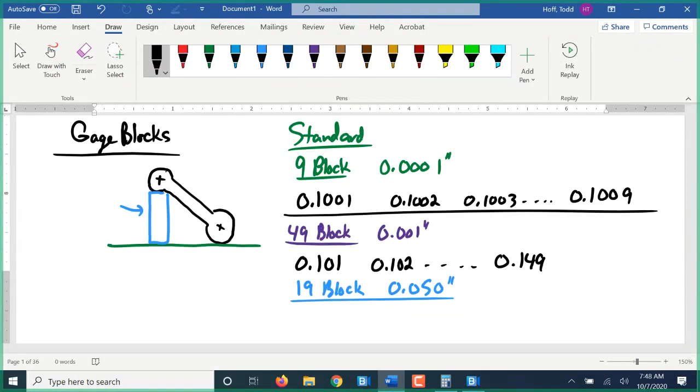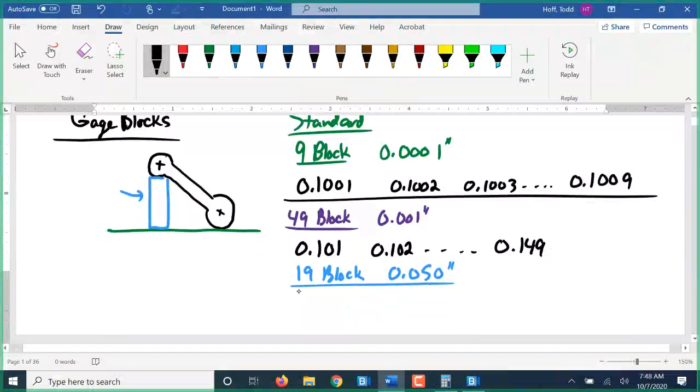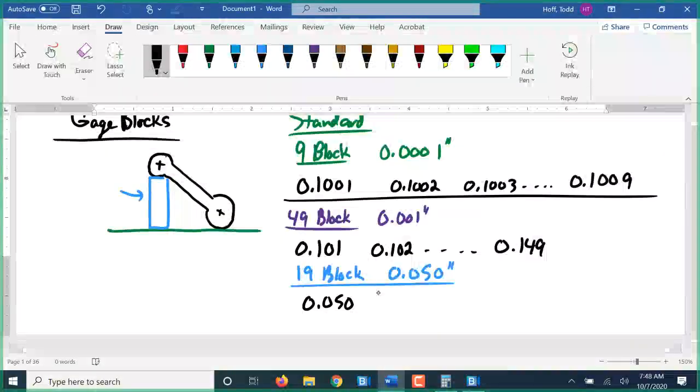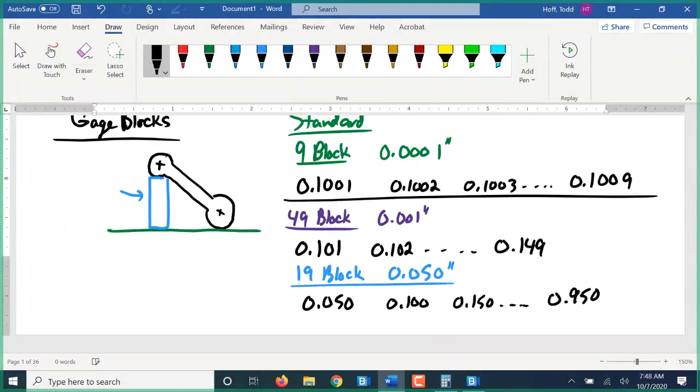So now we don't need the 1/10 of an inch with this. 50 thousandths, or 500ths, is thick enough that it can stand on its own. So this would be 50 thousandths, 100 thousandths, 150 thousandths, all the way up to 950 thousandths, 50 thousandths at a time. And then our final series is just the whole inches, 1 inch, 2 inch, 3 inch, 4 inch.